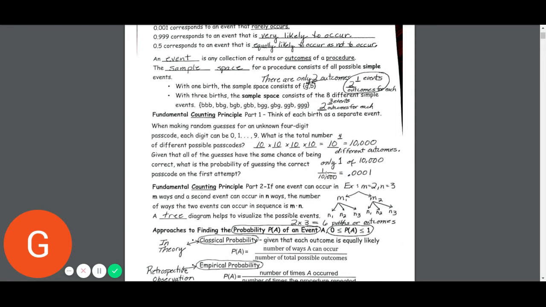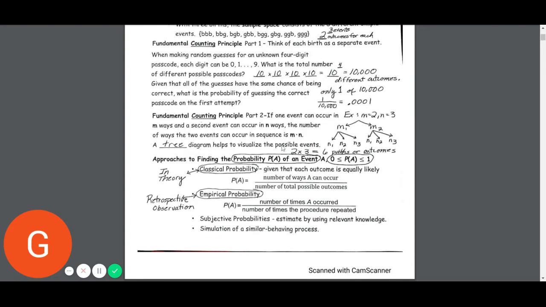And so we could write that as a fraction, 1 over 10,000, or 0.001, or 1,000th in decimal form. We're going to think about this a lot in decimal form. But you can see when it comes to calculating probability, we have to know the sample space. How many different outcomes are in that sample space? So we need to think about the different ways that we count that sample space. And this fundamental counting principle is one of those ways.